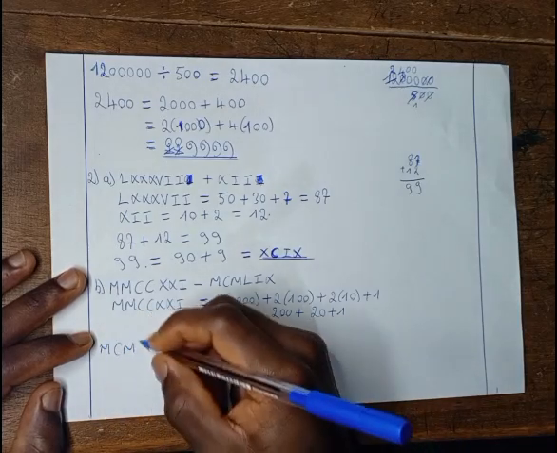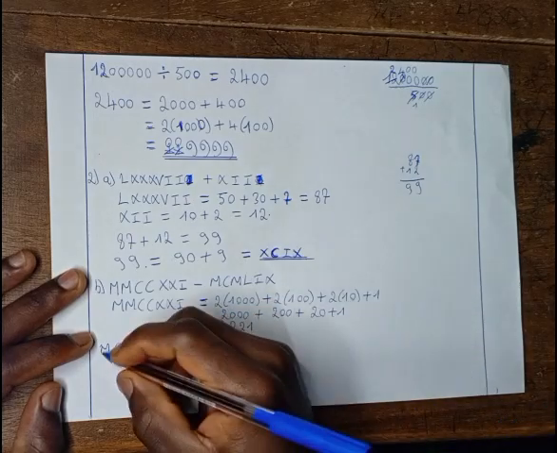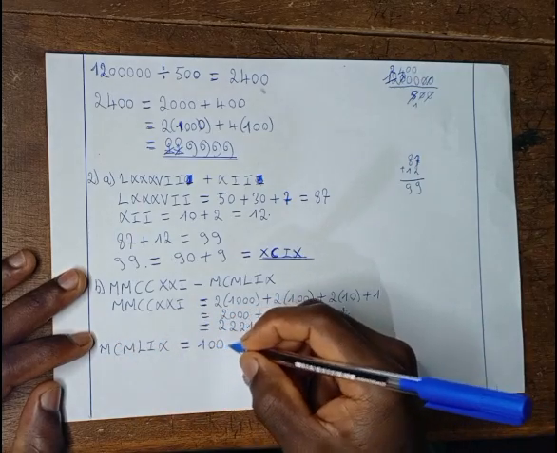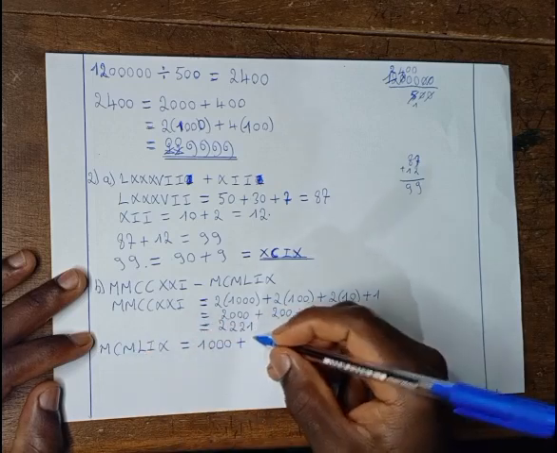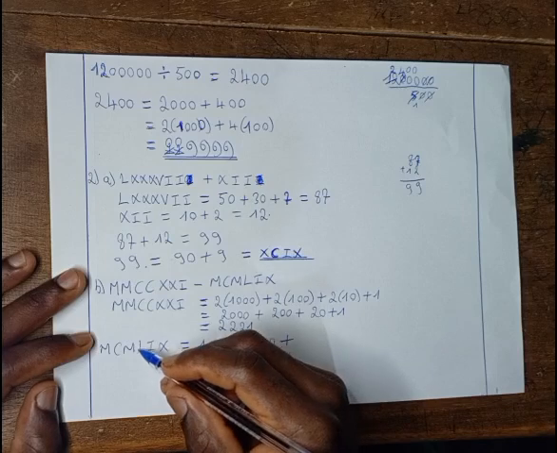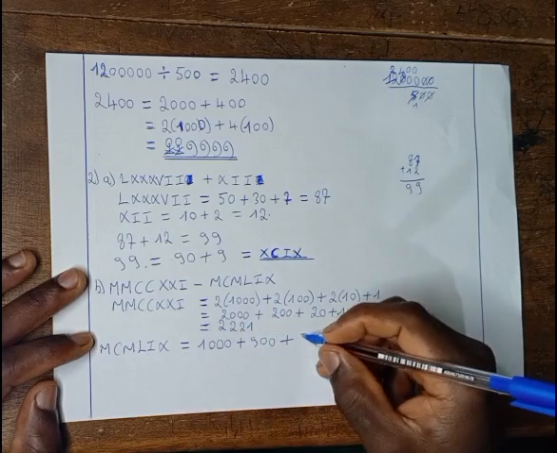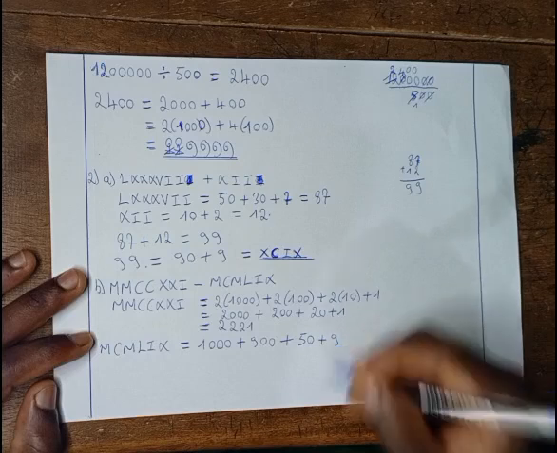Next we need to convert the second number. We have MCMLIX. This is simply equal to M represents the number 1000, plus CM represents the number 900, plus L represents the number 50, IX represents the number 9.